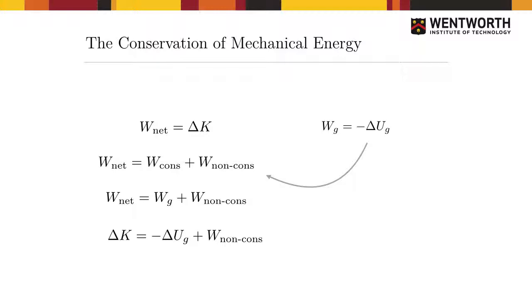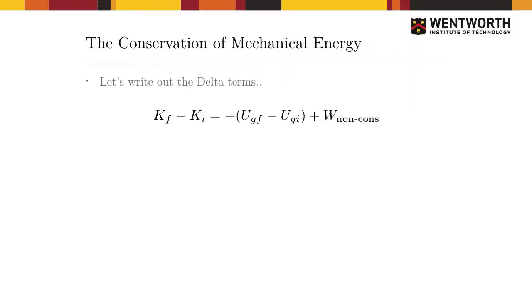We can make this look a bit nicer by doing a little bit of algebra. First, let's get rid of the deltas by writing the kinetic and potential energies as final minus initial. Next, I'm going to get the non-conservative work alone on one side and group together my final and initial terms.